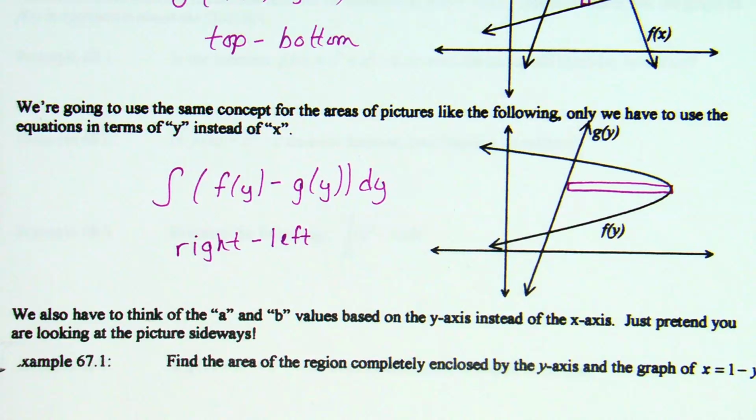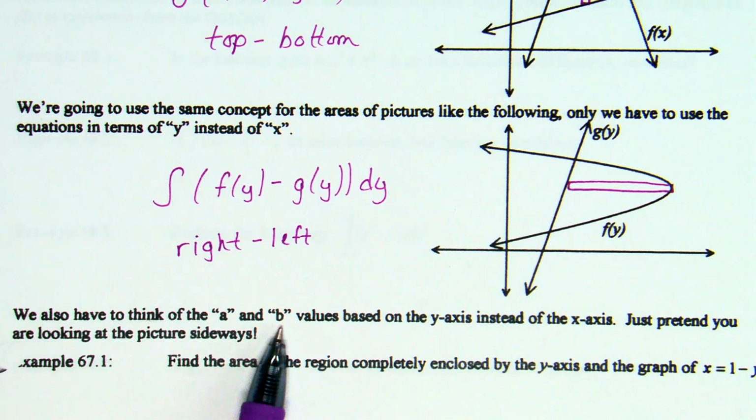And I remember saying that yesterday. Today, we're going to have to think in terms of our boundary values, our a and b values, being in terms of y. So we have to think the a and b values based on the y-axis instead of x-axis. Just pretend you're looking at the picture sideways. So, if you can't do upper minus lower, think right minus left, and just do everything in terms of y then.